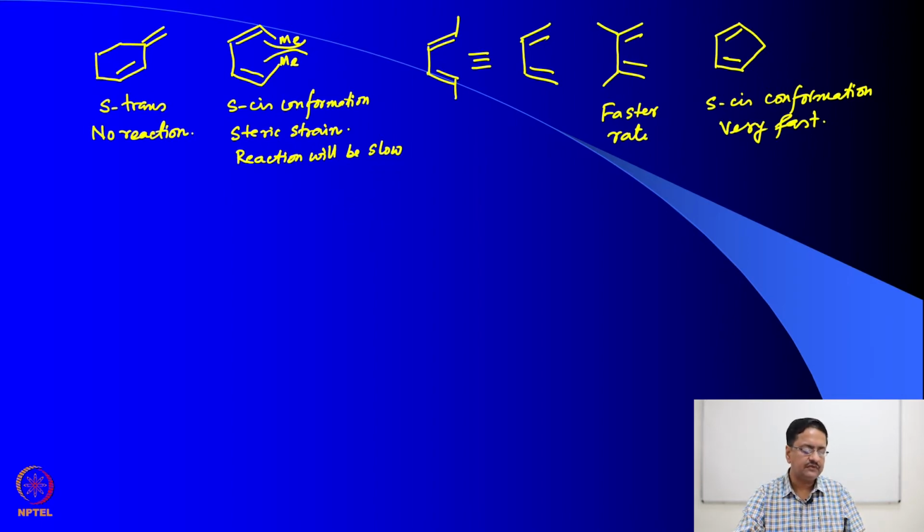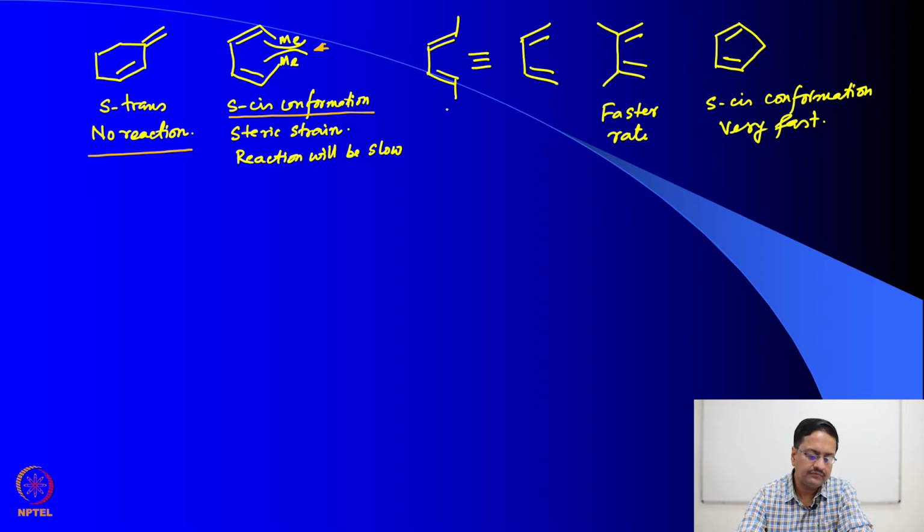We discussed the rate of reaction of various dienes, and we indicated that the compound with always S trans conformation will not undergo any Diels-Alder reaction. The compound which can go for S cis conformation, but has a steric factor involved in it, will go for Diels-Alder reaction, but the reaction will be extremely slow.